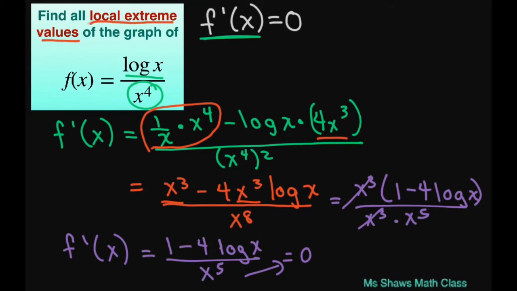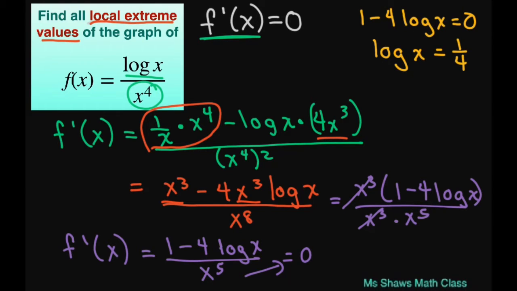When you cross multiply, the denominator goes away. We have basically 1 minus 4 log of x equals 0. And then when you solve for x, you're going to get log of x equals 1/4.